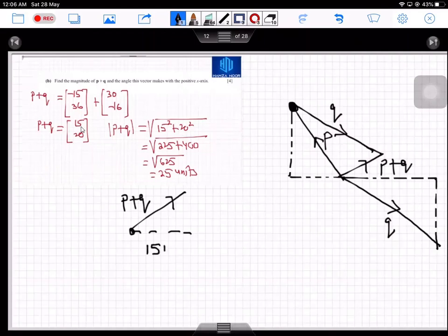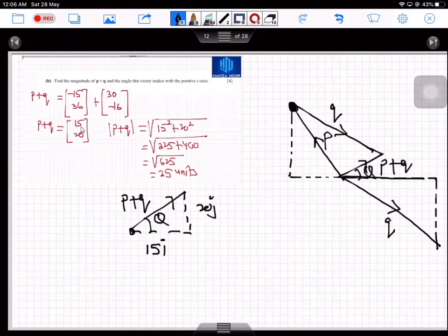You don't need to make this in this exam because it is not required in this particular question. So 15i plus 20j. We need to find the angle that this vector makes with the positive x-axis. So this is basically the positive x-axis, and we need to find this angle theta over here. As simple as that, nothing else.